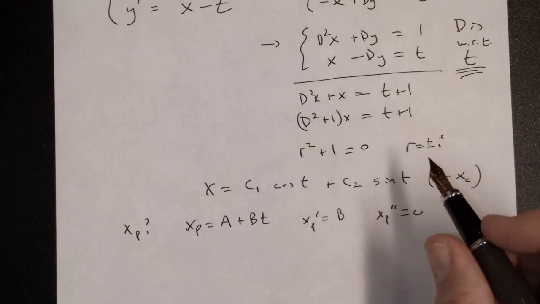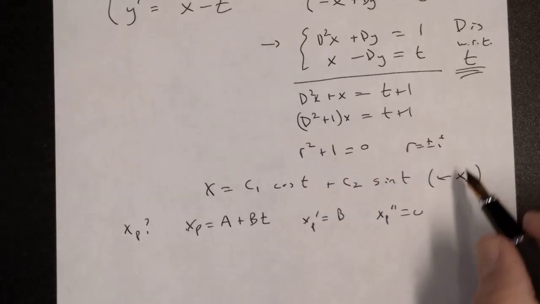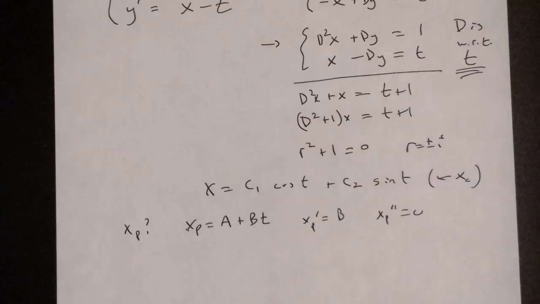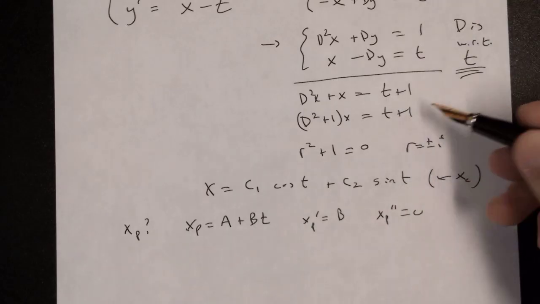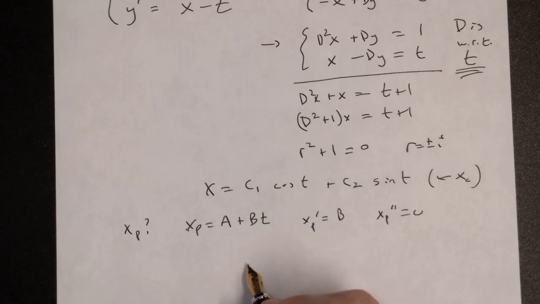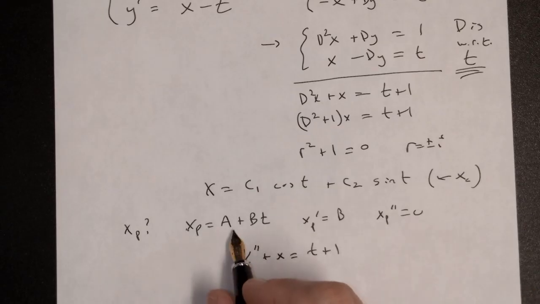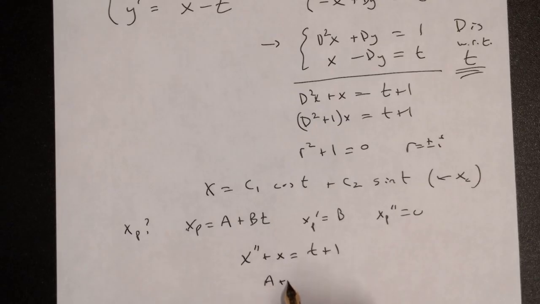So I get to plug those in here. X double prime plus x equals 1 plus t, right? But wait a minute, x double prime is 0. X a plus bt equals t plus 1.